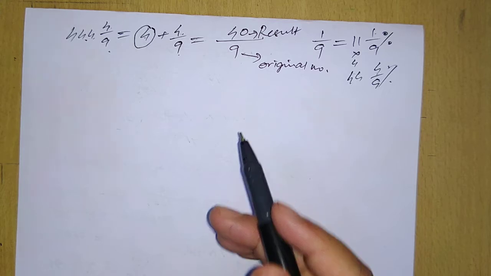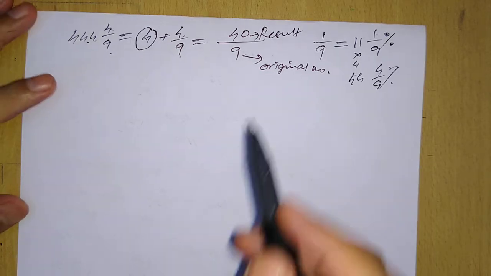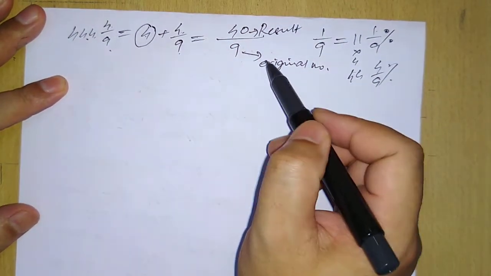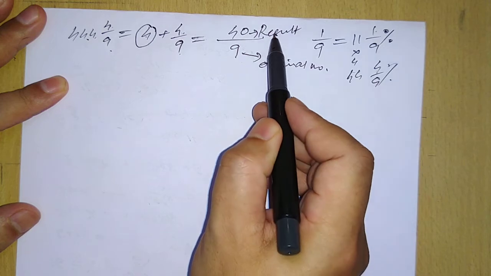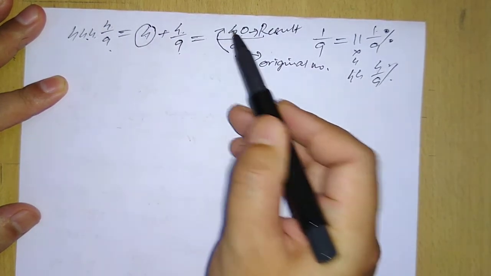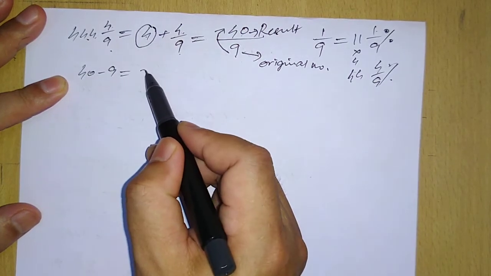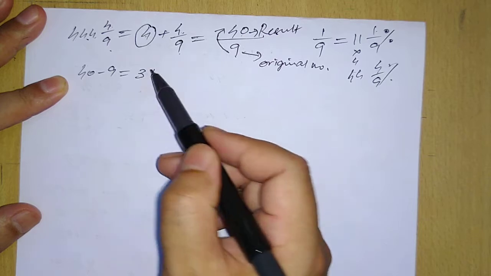So in this question what it's given, if 930 is added in a number, then number becomes 444 4 by 9% of itself. So now the original number is 9, but the new number is 40. So increase is how much? Increase is 40 minus 9 is equal to 31.